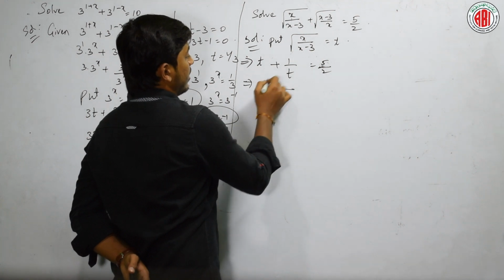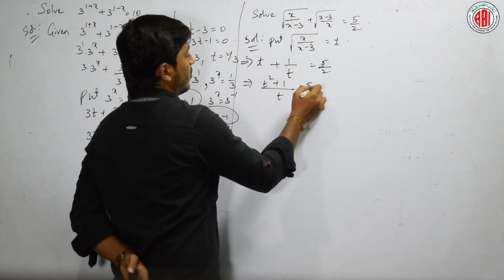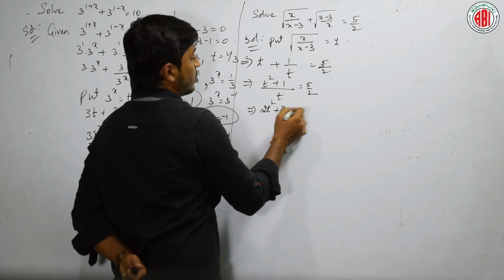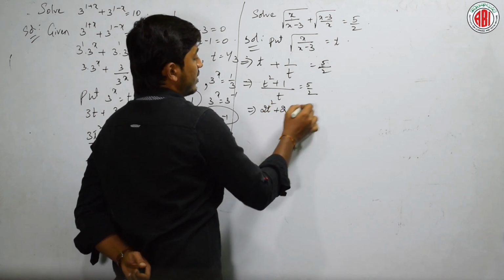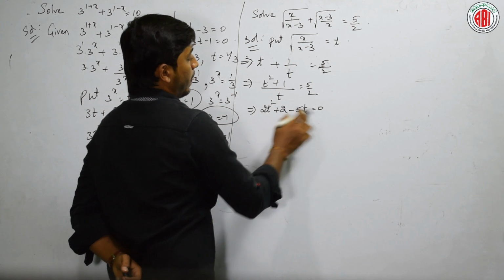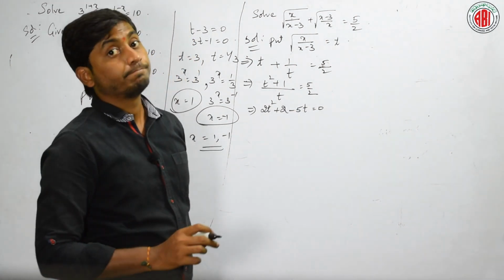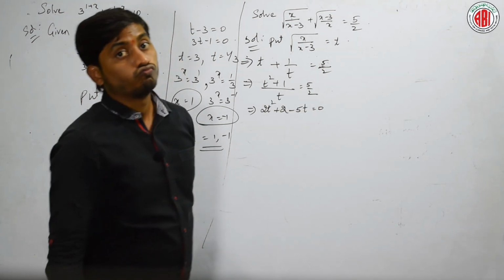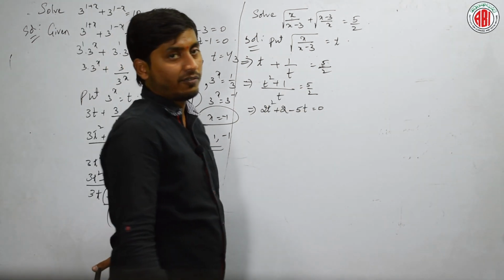LCM is t. t square plus 1 is equal to 5 by 2. Cross multiply, 2t square plus 2 minus 5t equal to 0. Factorize it. What do we get? 2t square minus 5t plus 2. 2 2s are 4, 4 1s are 4.